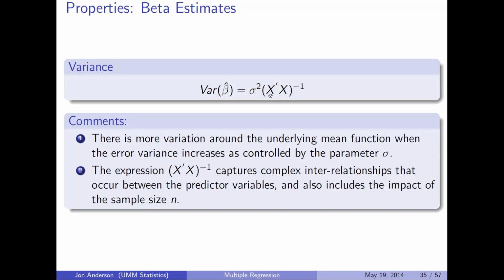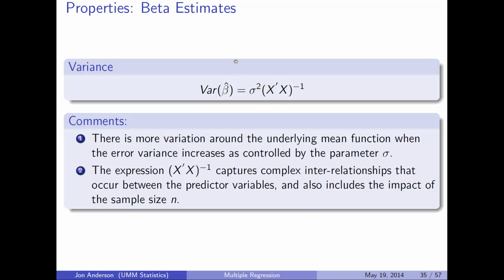And then we have this X transpose X inverse matrix, which is going to be a matrix, or a table, with P plus 1 rows and P plus 1 columns. And it's basically going to be a matrix that keeps track of the variations for all of our estimates.